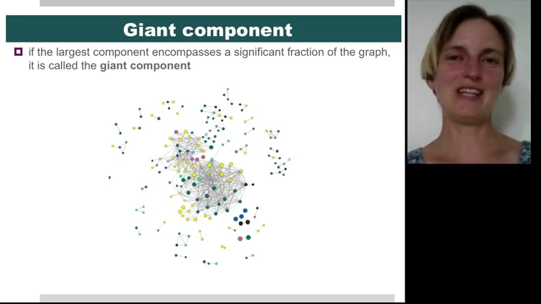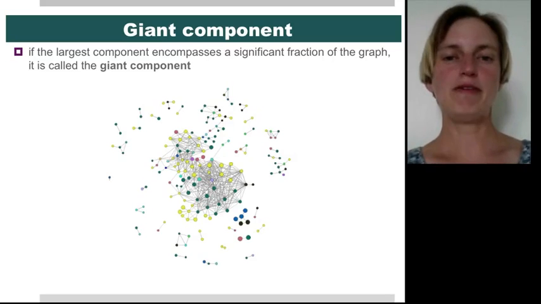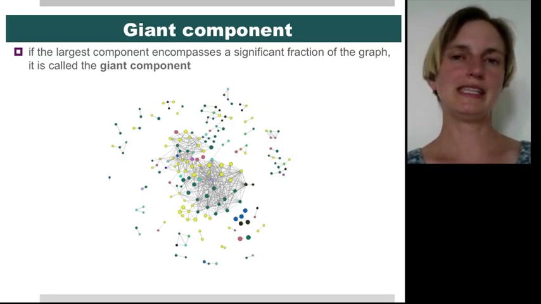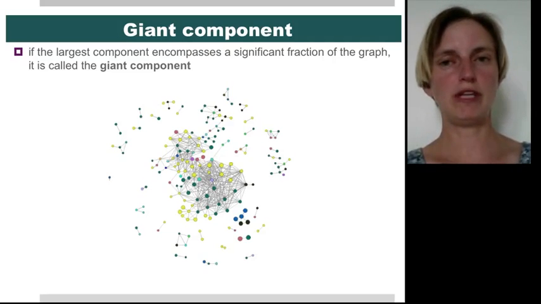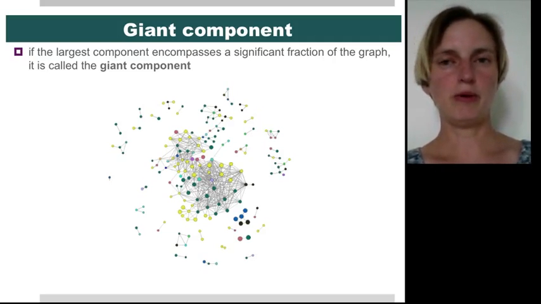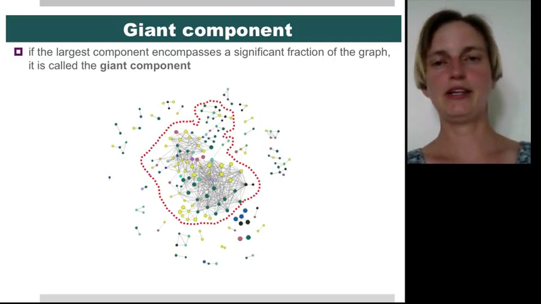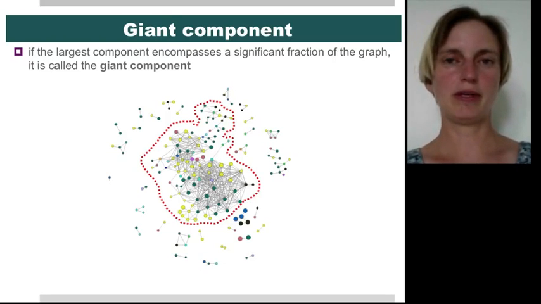So that's the technical definition, and practically speaking, if you observe pretty consistently under different conditions that your network has a largish component that occupies most of the network, then you can call it the giant component. And here's the giant component in this particular network.